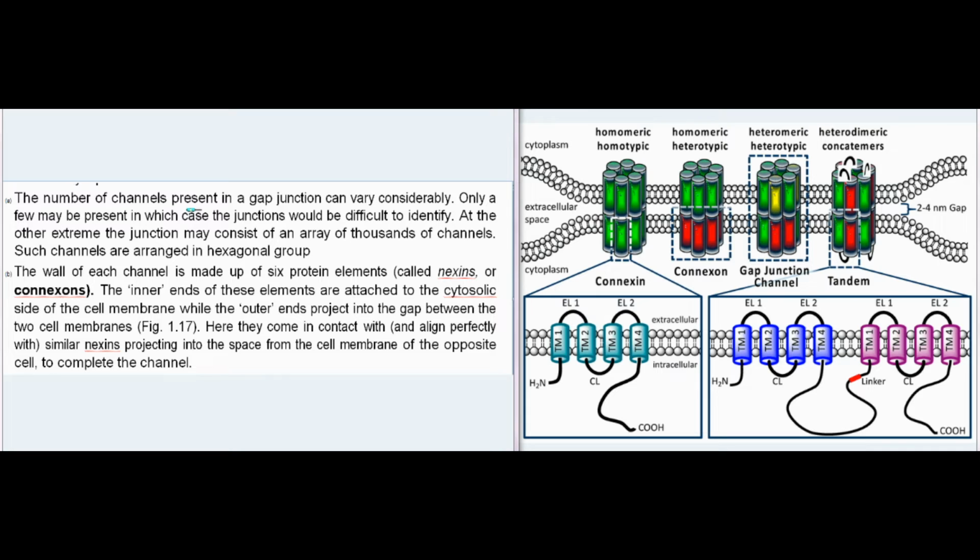The inner ends of these elements are attached to the cytosolic side of the cell membrane, while the outer ends project into the gap between the two cell membranes, Fig. 1.17. Here they come in contact with, and align perfectly with, similar nexons projecting into the space from the cell membrane of the opposite cell, to complete the channel.